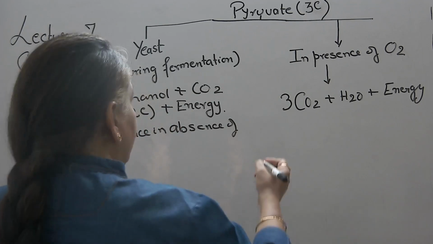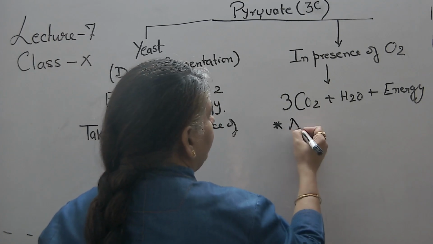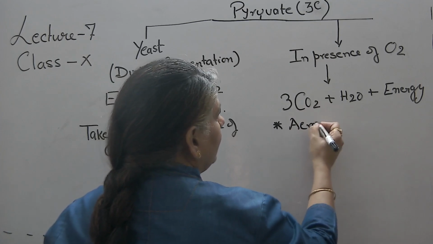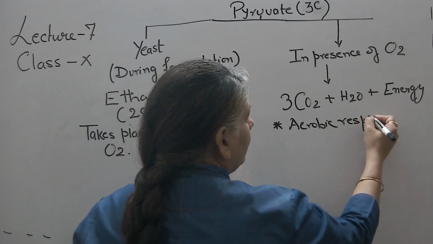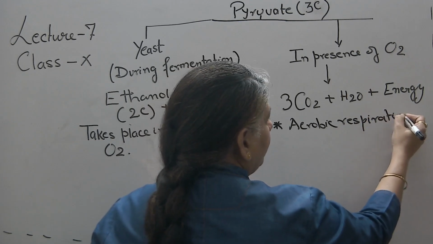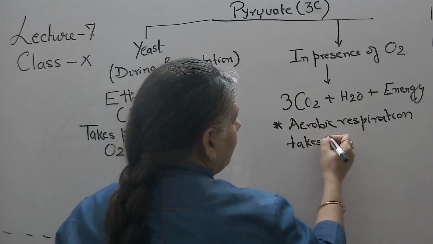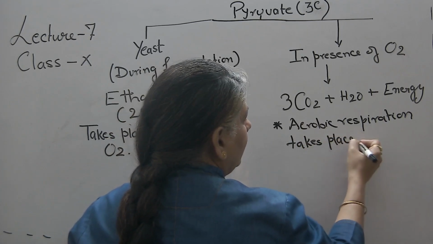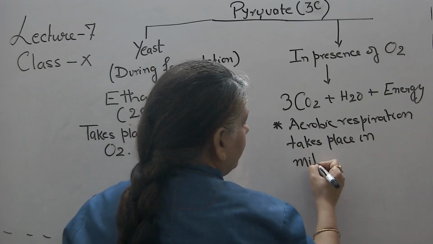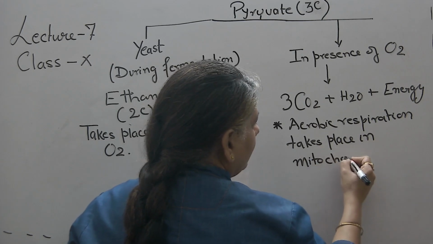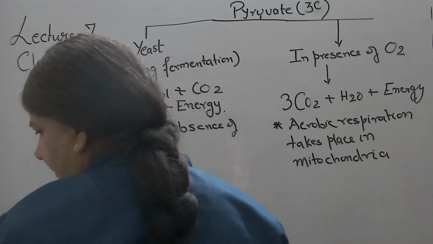So this aerobic respiration takes place in the mitochondria of the cell.